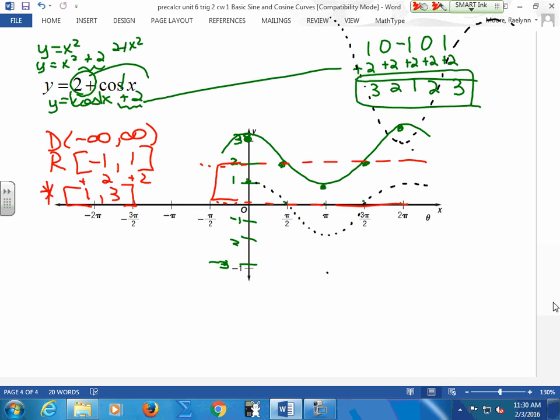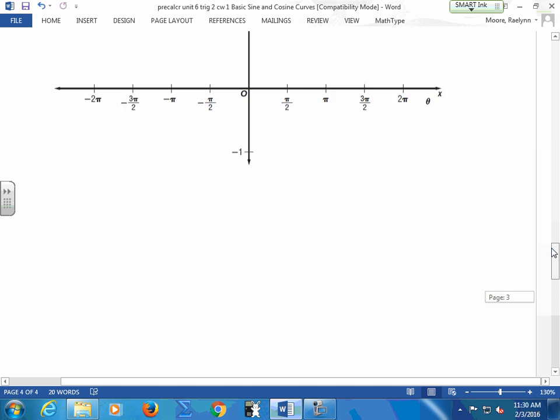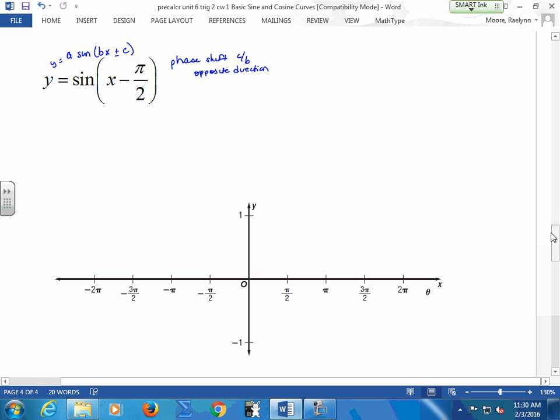Okay. One more thing. Let's do one more thing. We can fit this in. Back up to this guy. We have a phase shift. Now, right now my B is 1. So it looks like this.